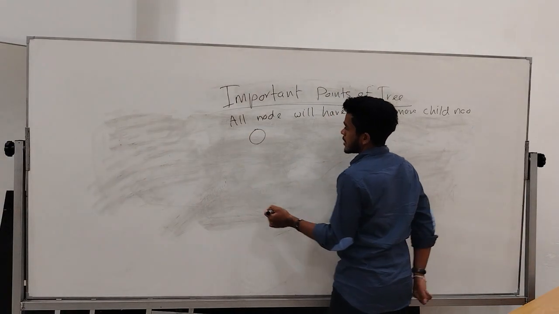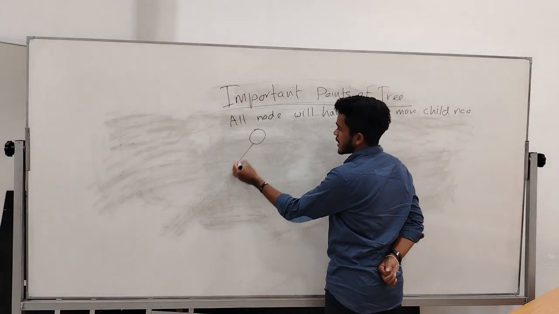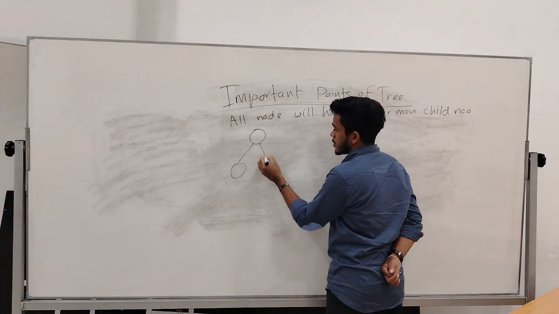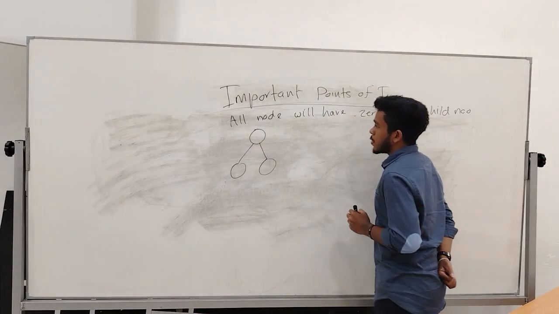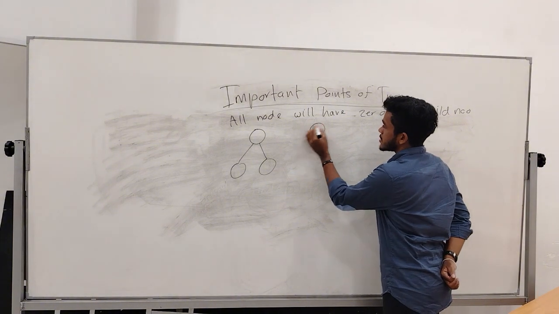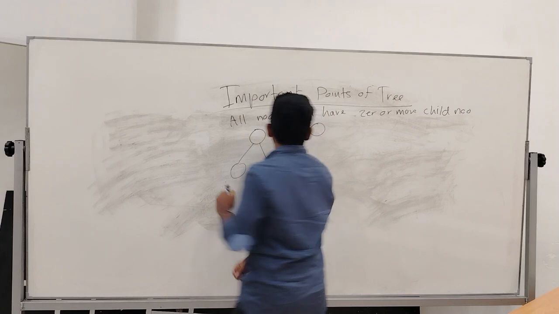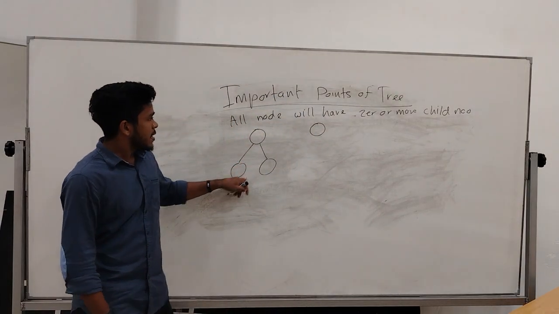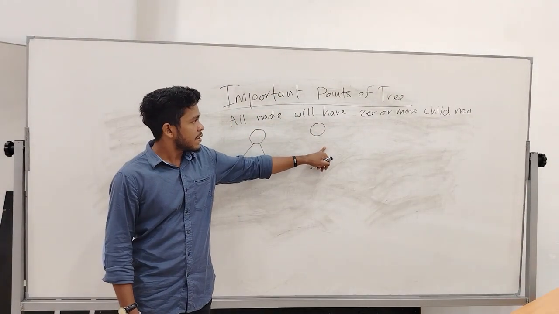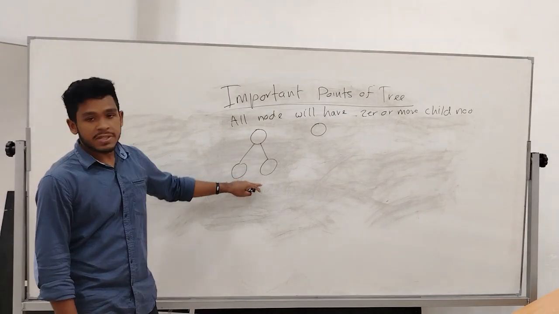For example, this node can have more child nodes, or it can have 0 child nodes. All nodes will have 0 or more child nodes.